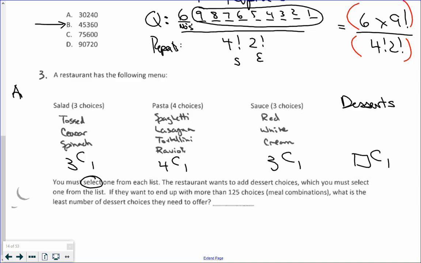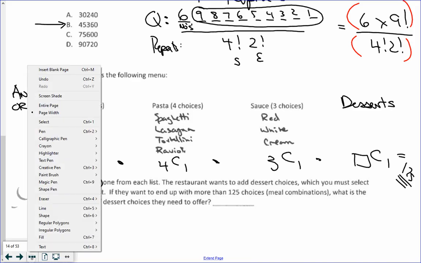When you hear the word and, you think times. When you hear the word or, you think add. Okay? Remember that? So you're going to pick a salad and a pasta and a sauce and a dessert. Times. And you need this to be at least 125.